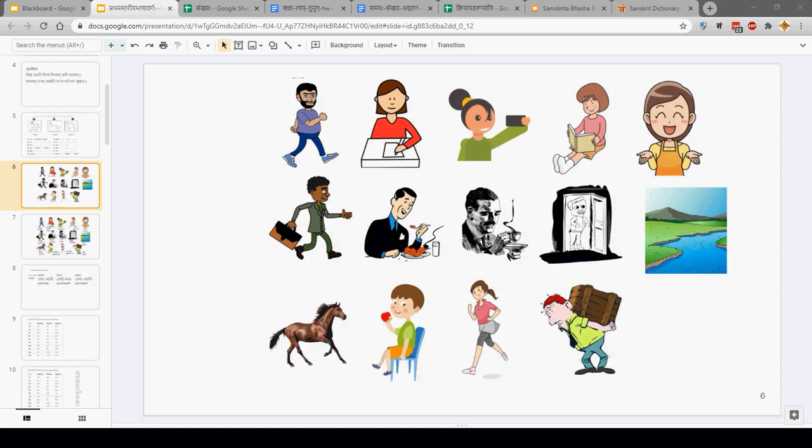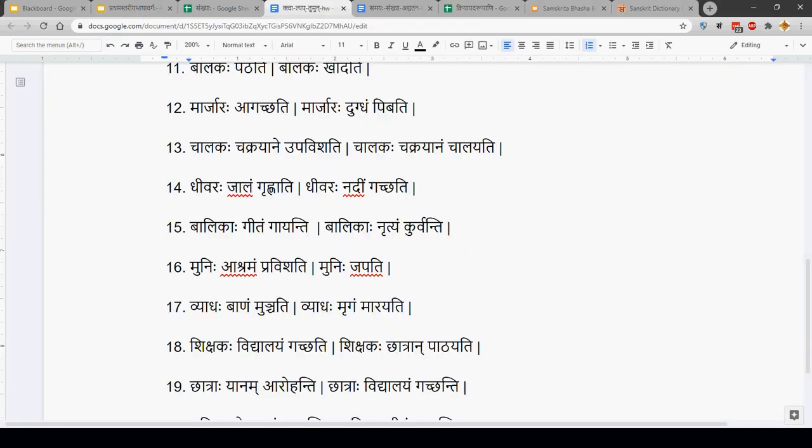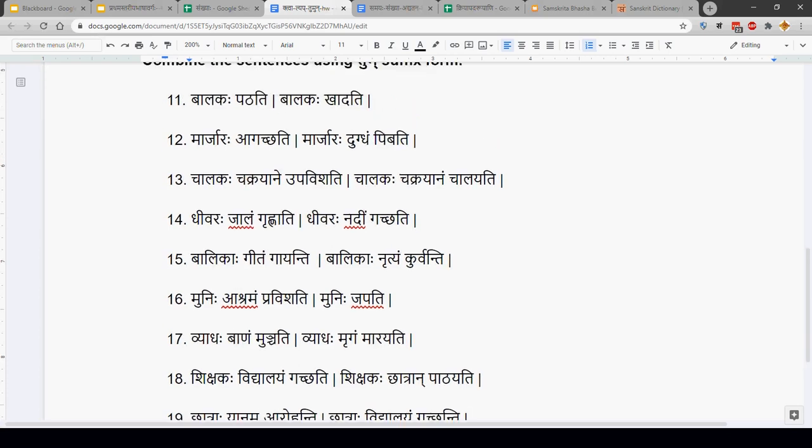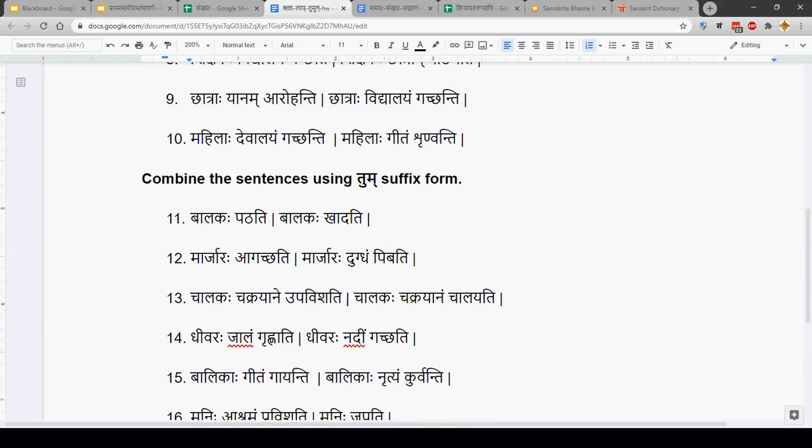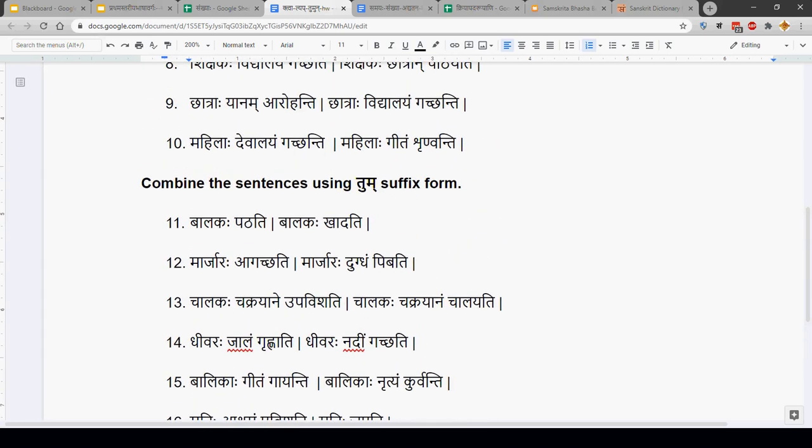I was just checking the ninth sentence. Chatraha arohanti. I wrote, I don't know why, but aruhya.